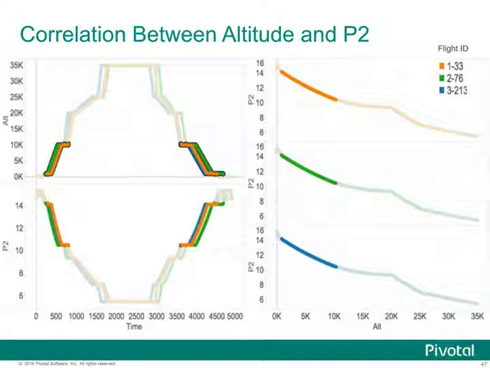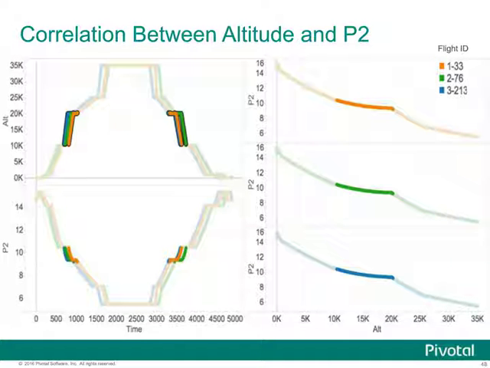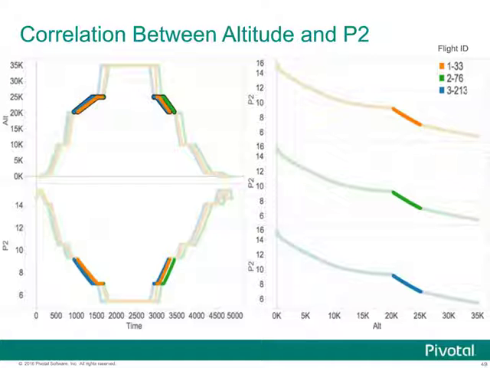So here the flight is ascending or climbing. Here the flight is climbing again, but it's climbing at a quicker rate. And you see that there's been a change in the correlation between altitude and P2, which is a pressure parameter. And here again, you see that the plane is climbing, but at a much slower rate, and you see another change in the slope of the correlation between the two parameters.